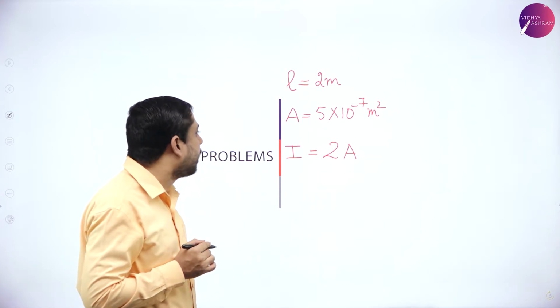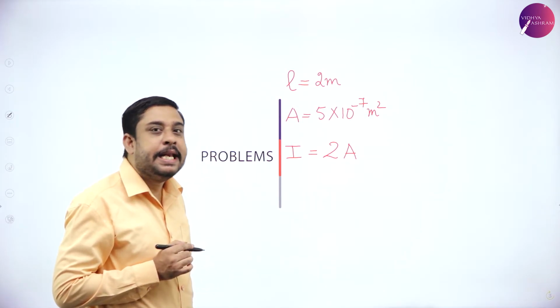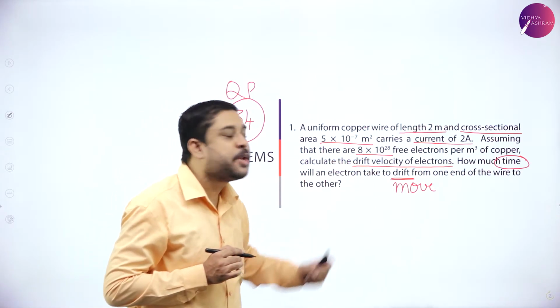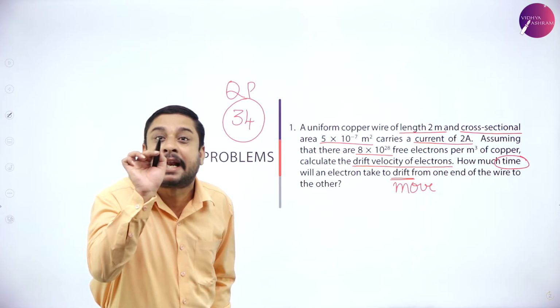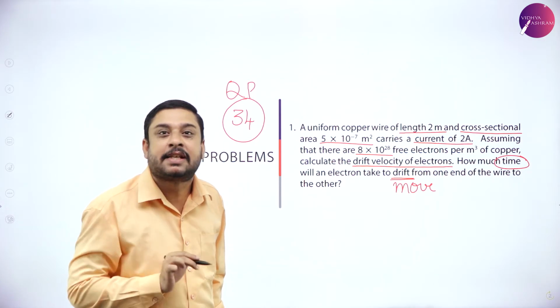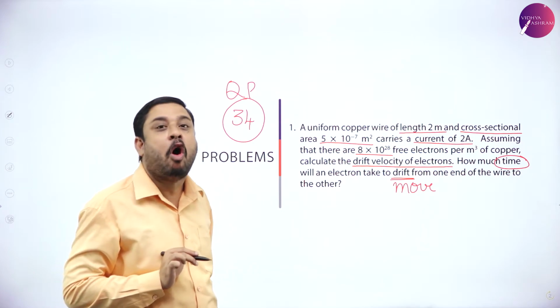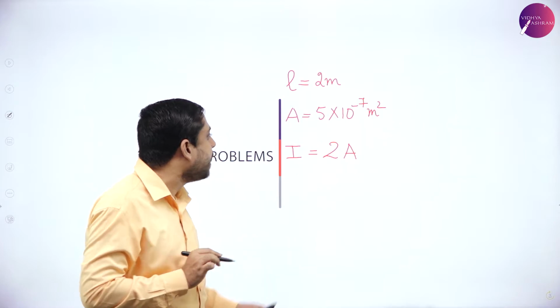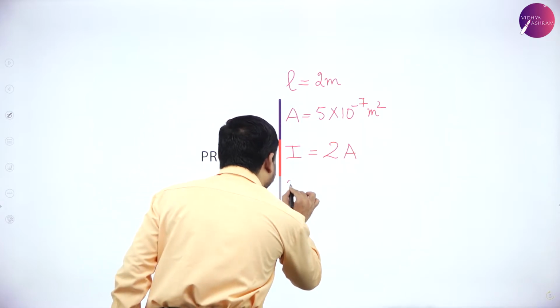We are also given the number of electrons per meter cube. Remember, when it says number, it is represented by small n. How much is it? 8 into 10 power 28.